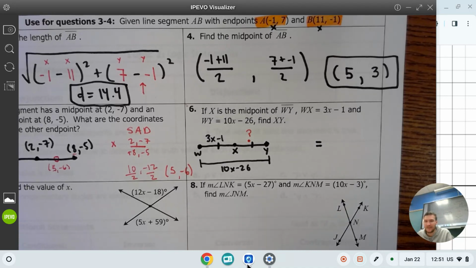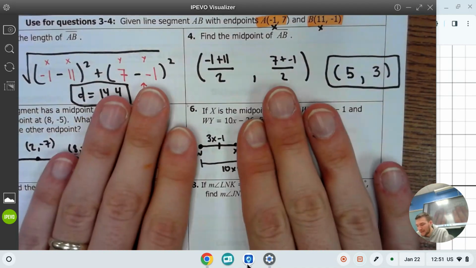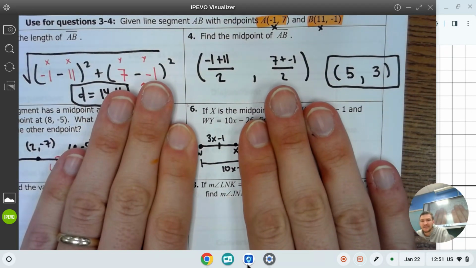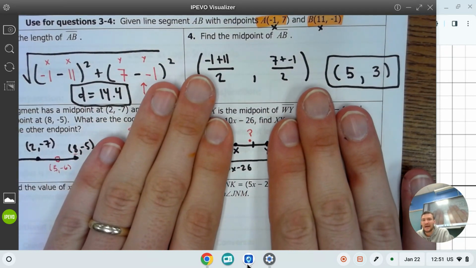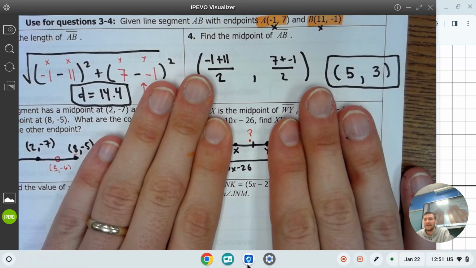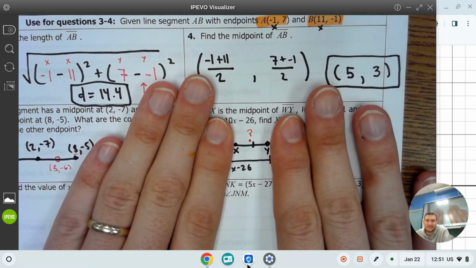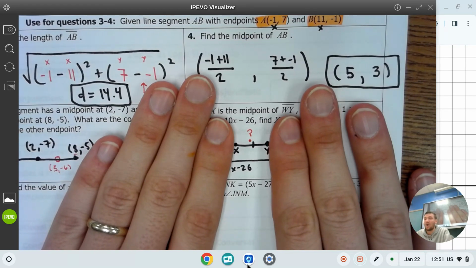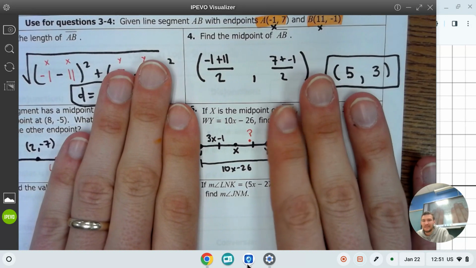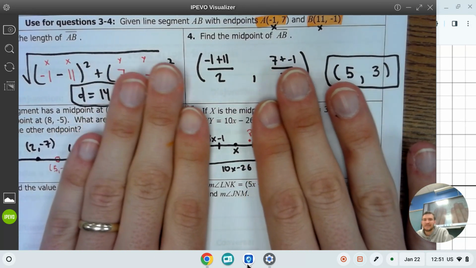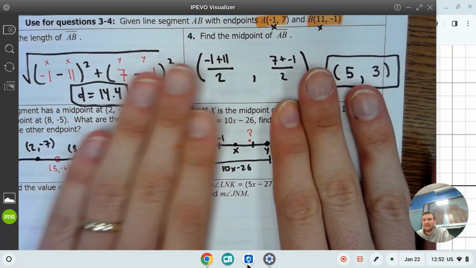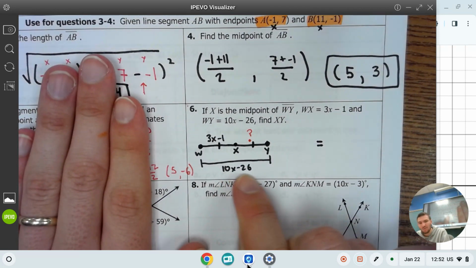We know a couple things are equal to each other. We know that wx is equal to xy, but we can't really make an equation like that because we don't know what xy is. We also know that if we add up these two things, wx plus xy, it's going to give us this whole piece here.